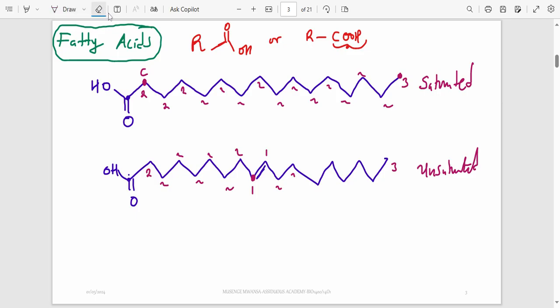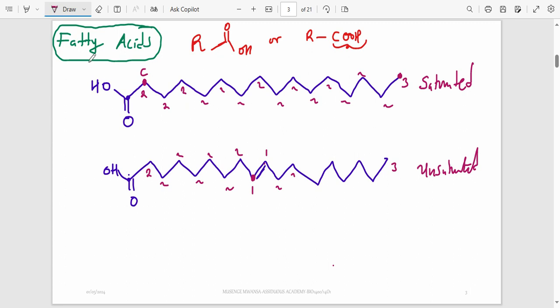But for unsaturated fatty acids, you won't be able to write it straight because of the double bond. Unsaturated fatty acids will end up making a kink. So instead of going straight, it is going to go like this. Where there is a double bond, they turn and form a kink. Take note of that for the exam that can come, right?